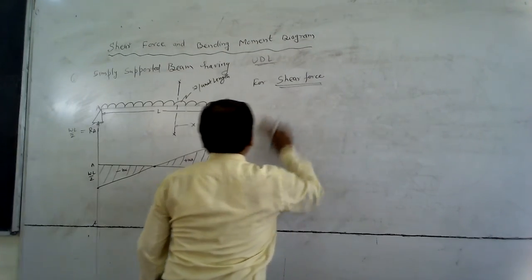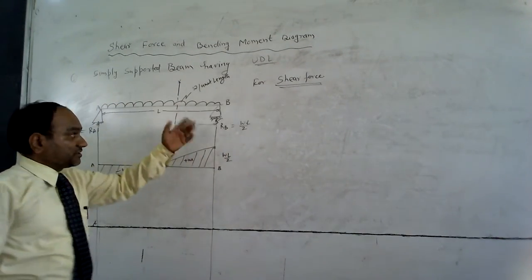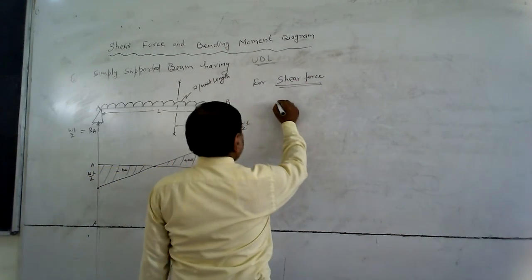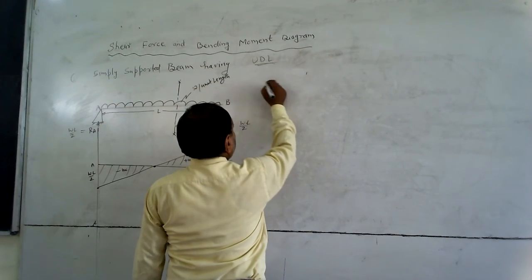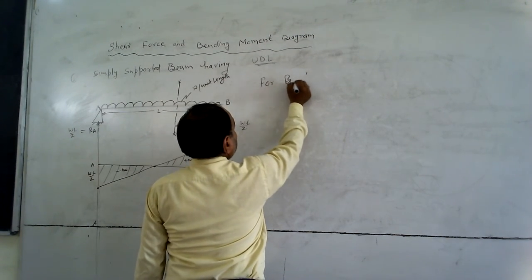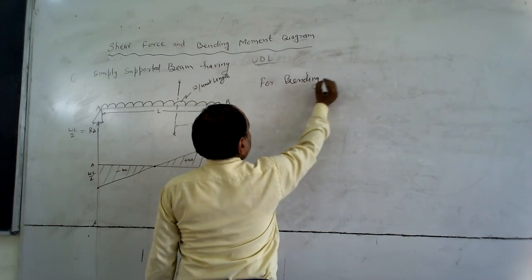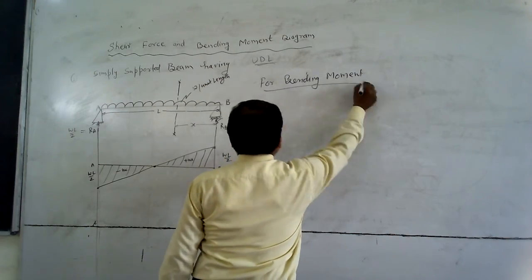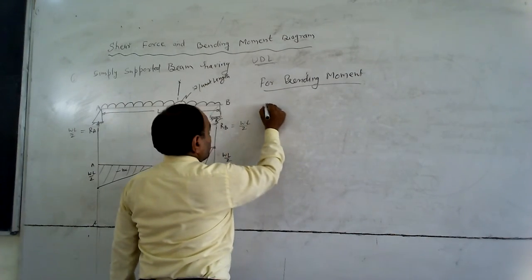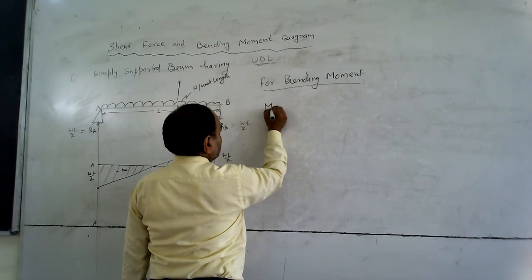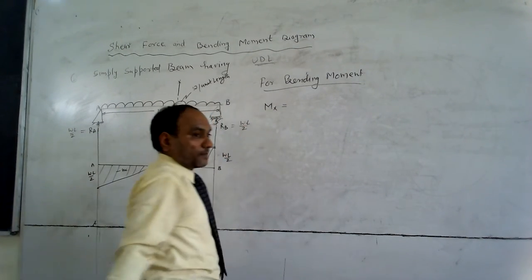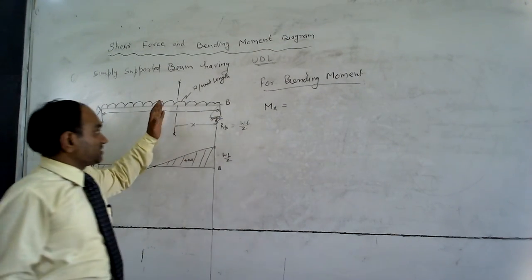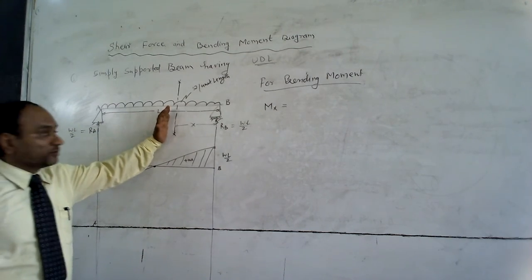Again, consider the same section at a distance x from the support B. The bending moment Mx is the bending moment at section x.